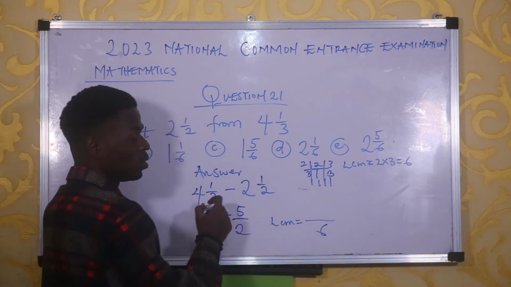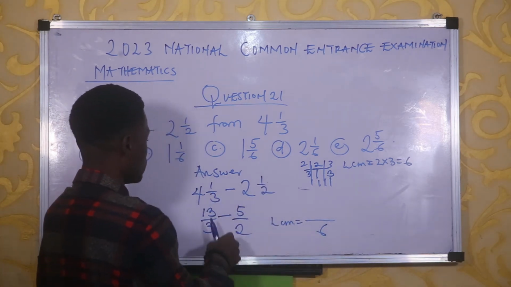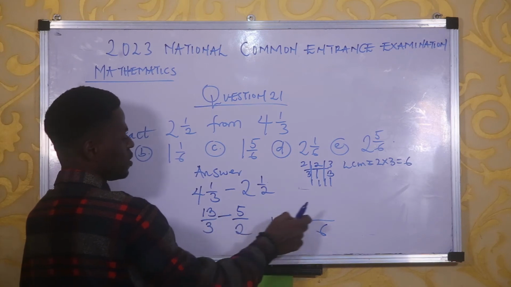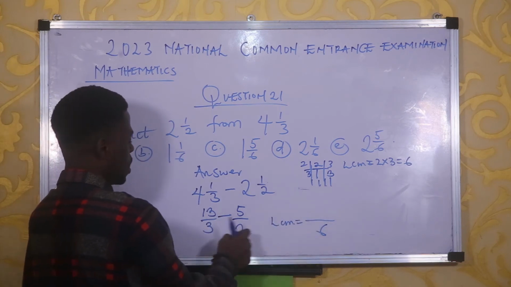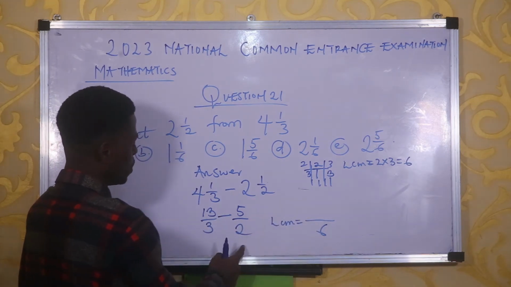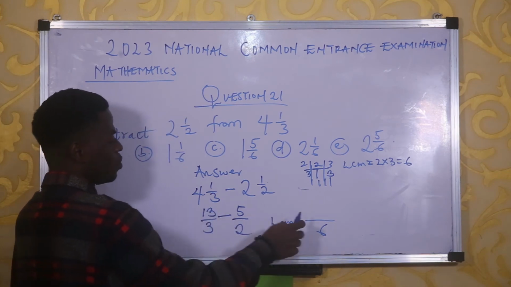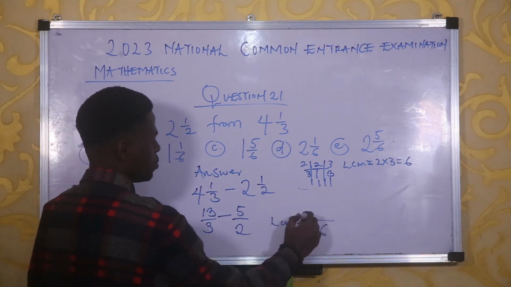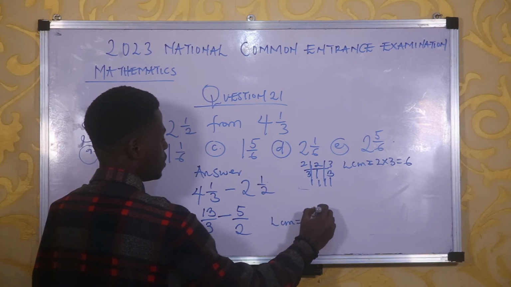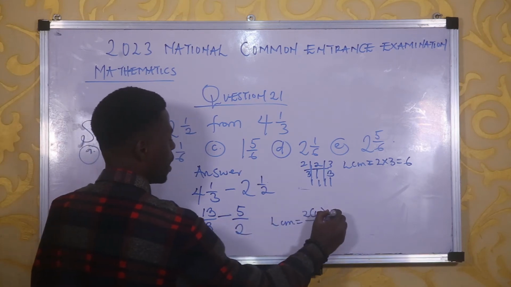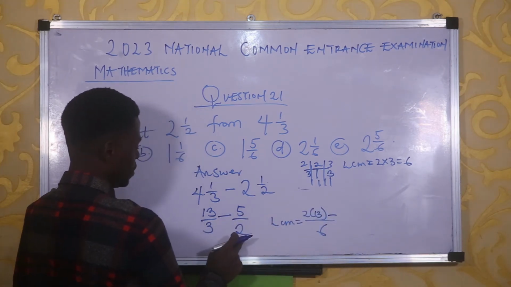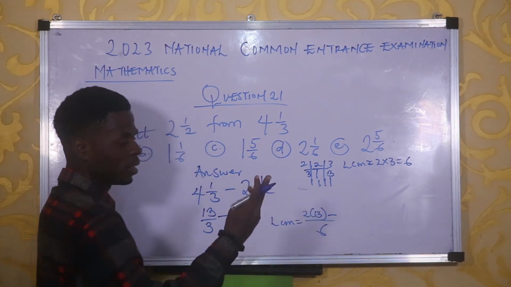To get our answer, you now say 3 in 6 gives us 2. How many 3s can you see in 6? That's 2. Then 2 times 13 gives us 26. Then 2 in 6 gives us 3. Take note of that.